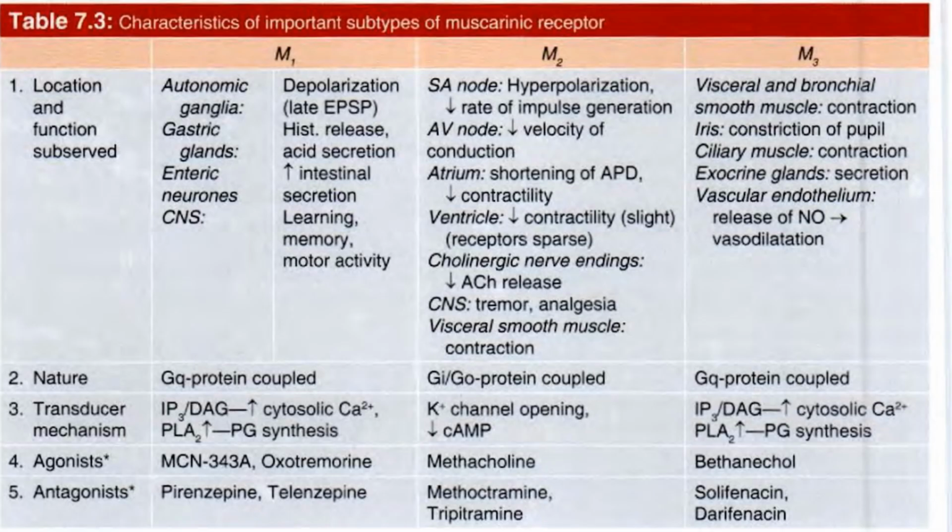Now we should also know how the muscarinic and nicotinic receptors are distributed along the body and how they work. There are five types of muscarinic receptors: M1, M2, M3, M4, M5. But we don't know the M4 and M5 functions, so leave it.